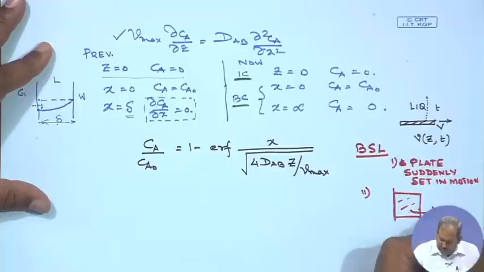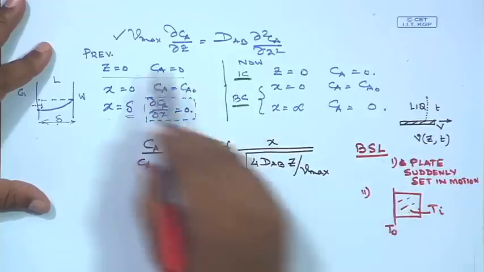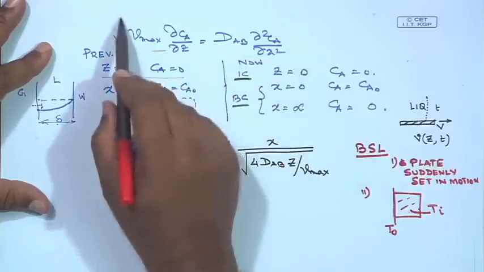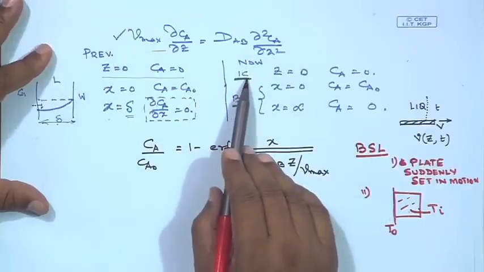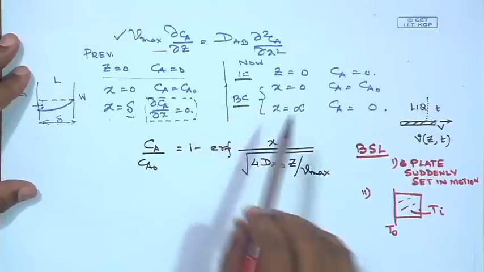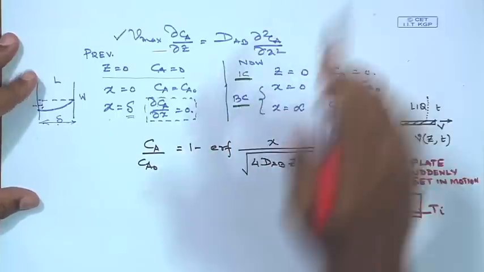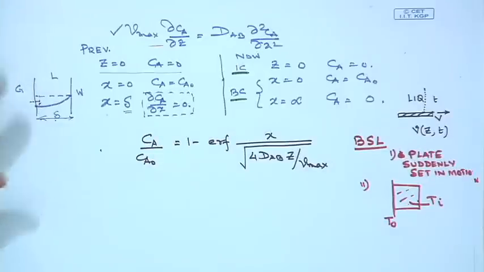So, it was Ti to begin with, and suddenly it has been changed to T0, and how would the temperature front penetrate in here? You will get the same type of governing equation, same type of initial condition, same type of boundary conditions, and the solution would simply be an error function. So, this error function solution is quite common in many fields of transport phenomena.